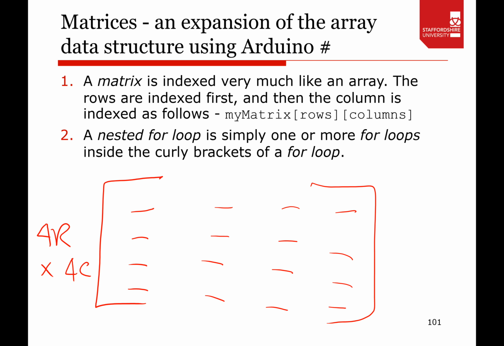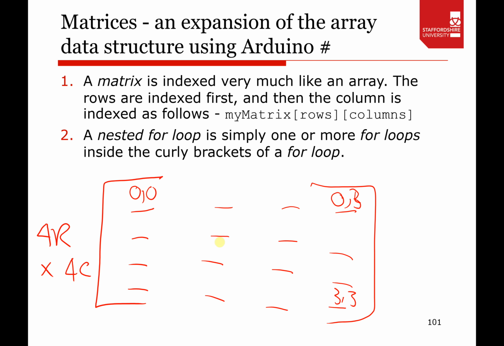It just happens to be a square matrix or array. That's by the by. So these are the elements and the rows. So this is 0, 0 up to 0, 3, and this is 3, 3.